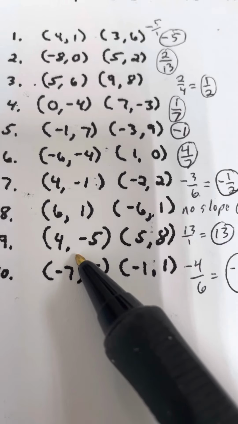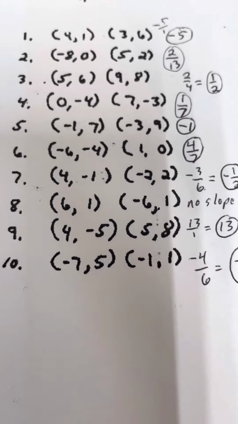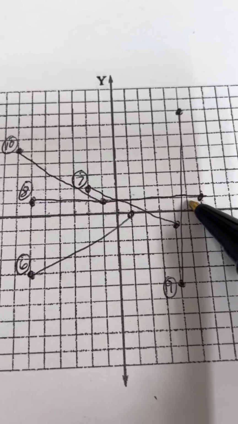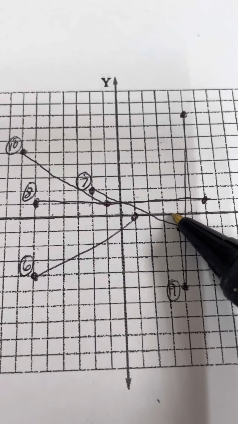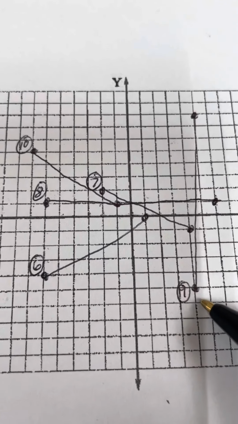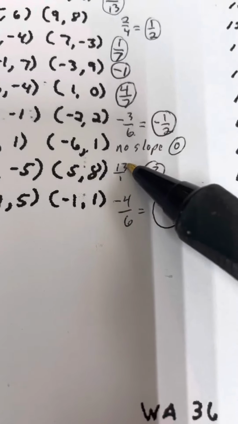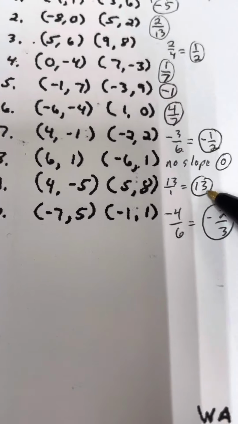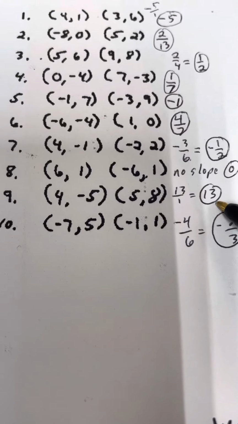For number 9, I go to 4, -5, and 5, 8. So number 9, I go to 4, -5, and then I go to 5, 8. And from here to here, it goes up 13 over 1. So up 13 over 1, any number over 1 is itself, so I have a slope of 13, very, very steep.